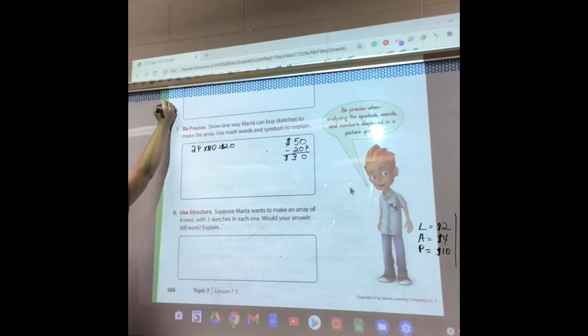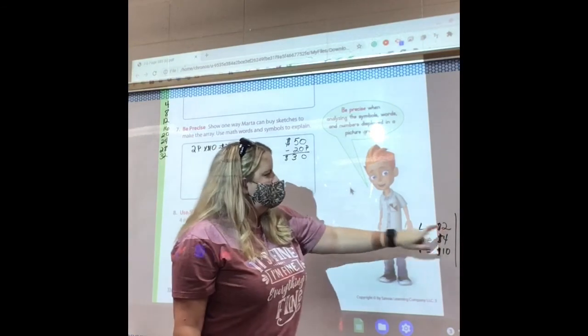4, 8, 12, 16, 20, 24, 28, 32. Now we could use a different amount here, but I think the best thing to do is to go ahead and work to the 20, because that'll be easy to subtract, and then we have $10 left.